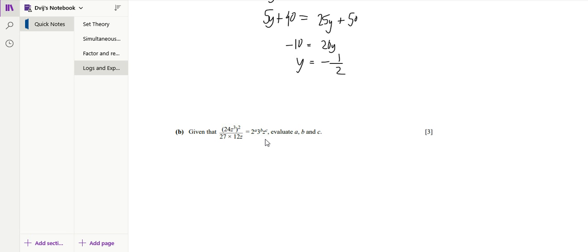So what we know is that 24 is the same as 3 times 8, and 12 is the same as 3 times 4. So how could we rewrite this?